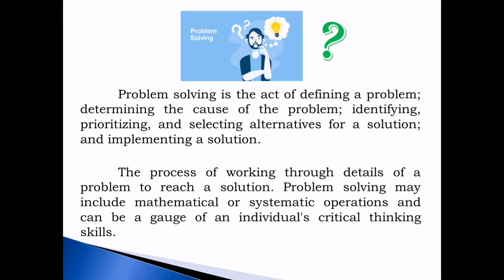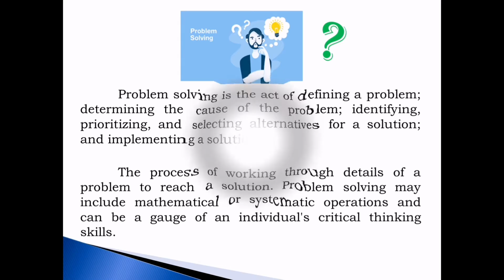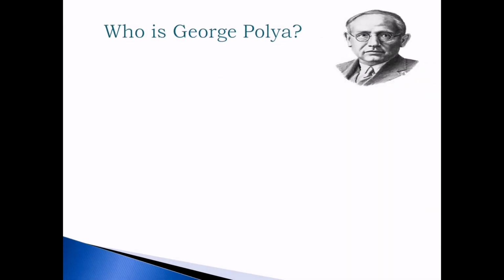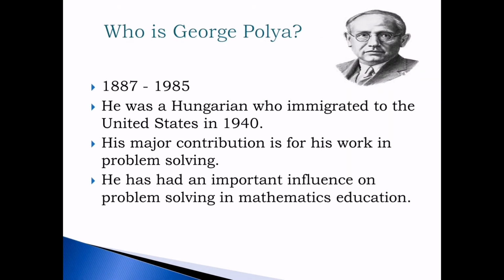In line with this problem-solving concept, let us have the best mathematician who was able to conceptualize problem solving, and it is in the name of George Polya. So who is George Polya? George Polya was born in 1887 and died in 1985. He was a Hungarian mathematician who immigrated to the United States.